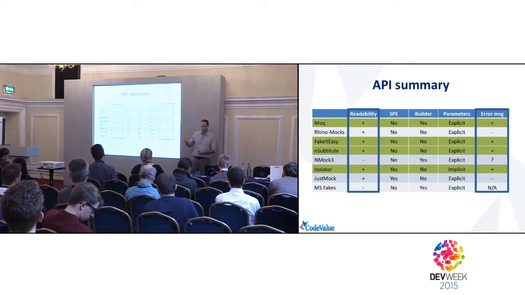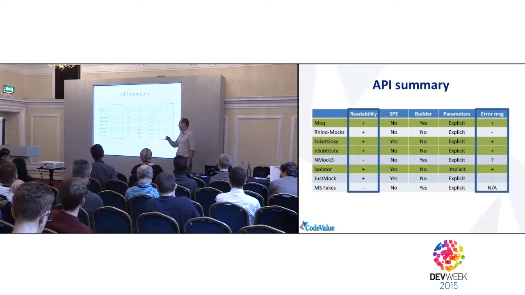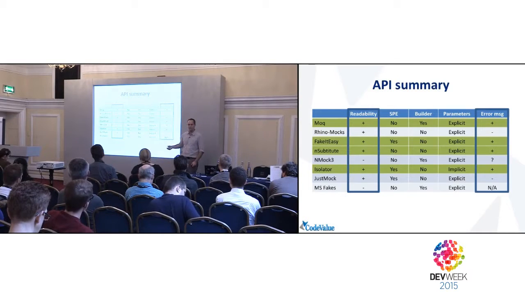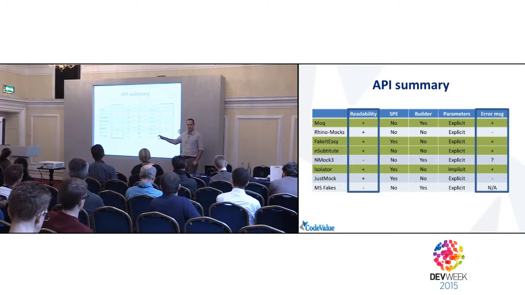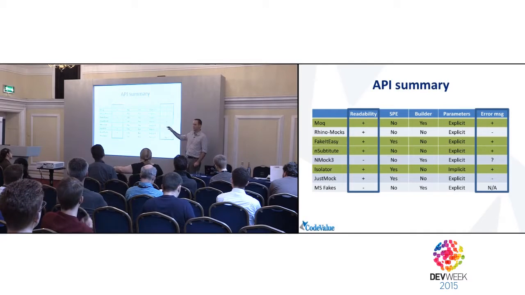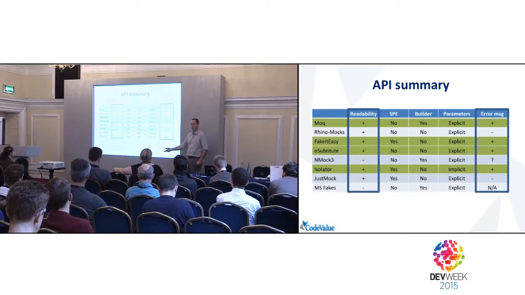So this is what we call API. Just looking at API, see what's good for you, decide on them. I especially like the two new kids, FakeItEasy and NSubstitute. They are being actively developed. You get responses really quick from them. Also from Isolator and JustMock, but they're getting paid to do that. Those guys are doing it for free. One time, one of them sat with me online for an hour trying to solve a problem a client of mine had in FakeItEasy.